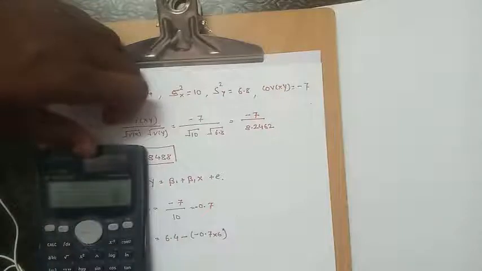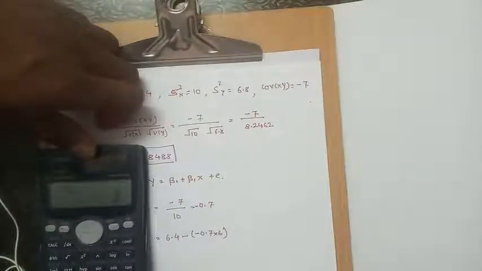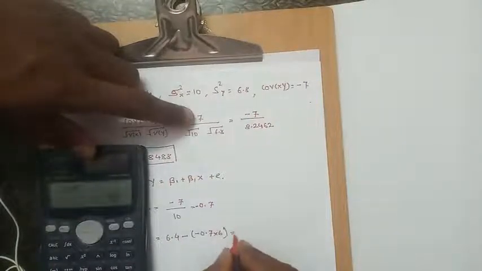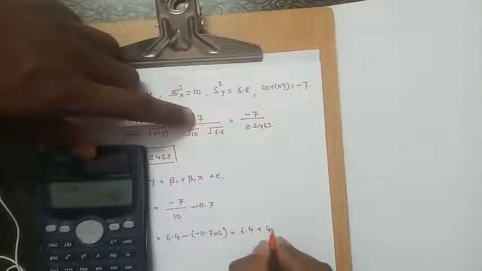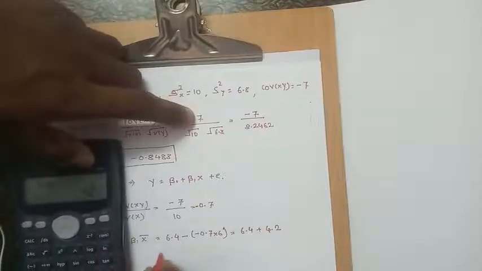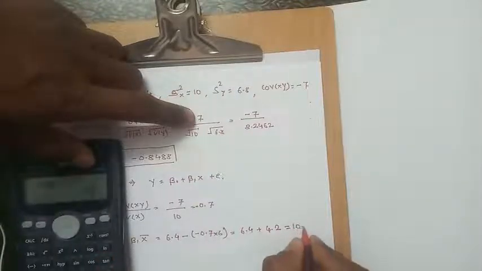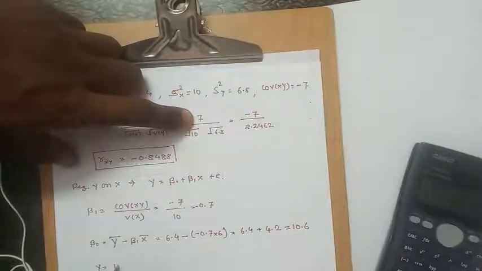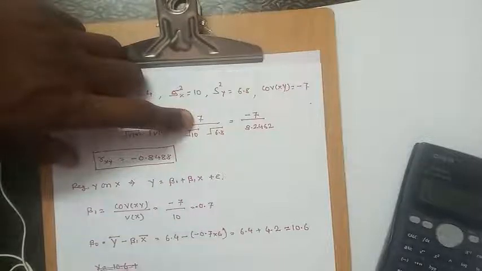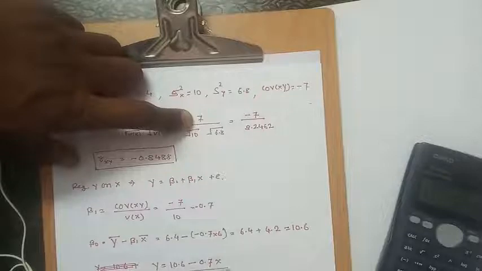So we have 0.7 into 6, 4.2, 6.4 plus 4.2, which is equal to 10.6. So we can write y equal to 10.6 minus 0.7x.